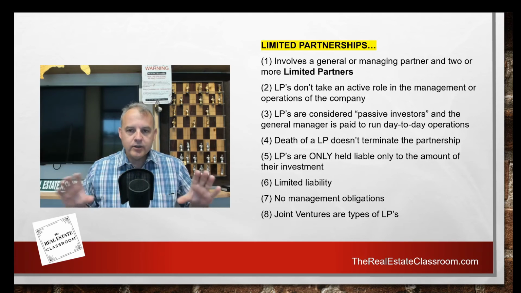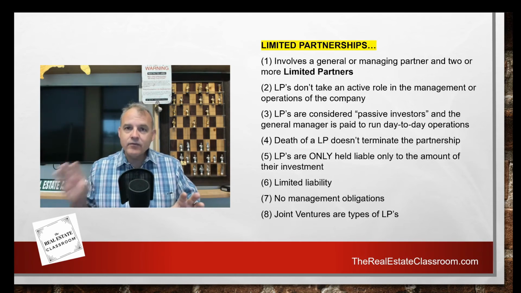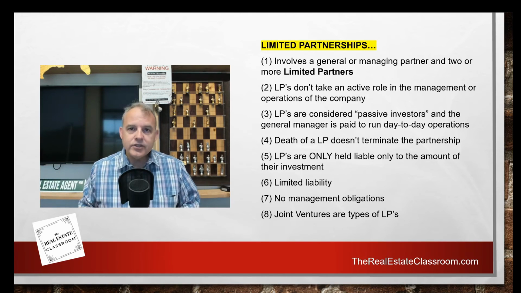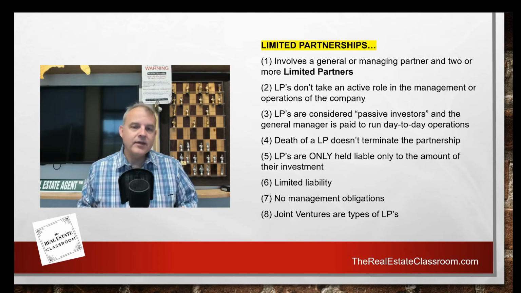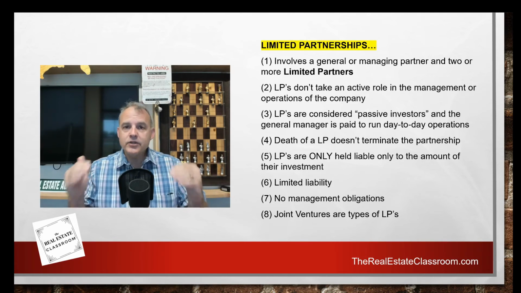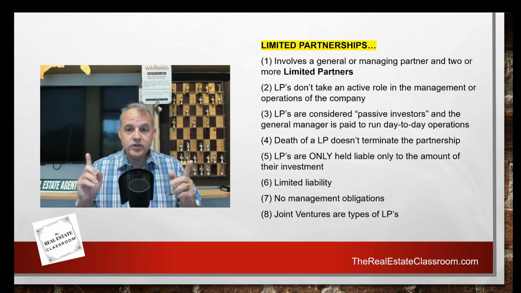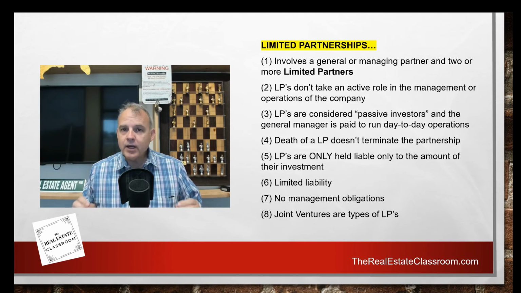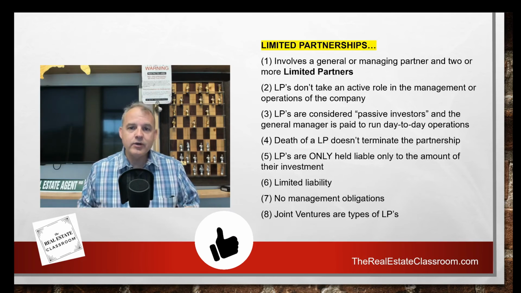Now, the limited partners do not take an active role in the day-to-day operations and decision-making of that company, unlike the general partnership. That's why they hire this general manager to do that. So it is so critical in a limited partnership that they make the right hire and hire a good general manager.